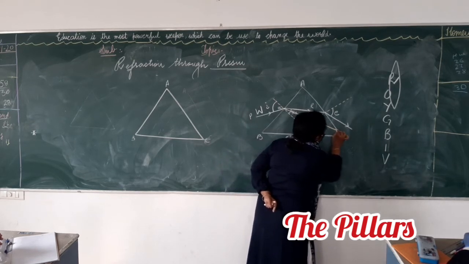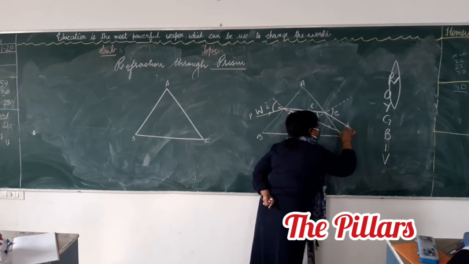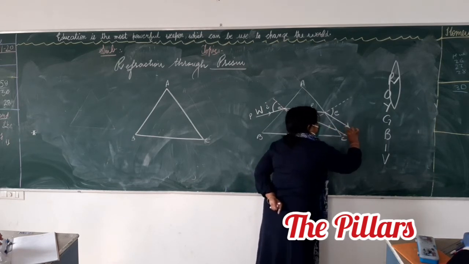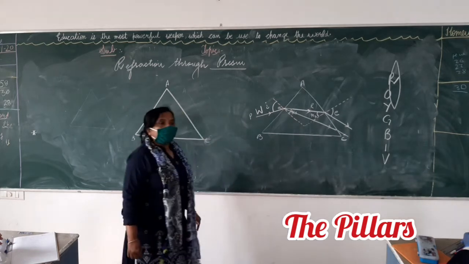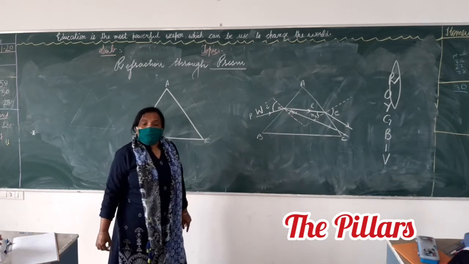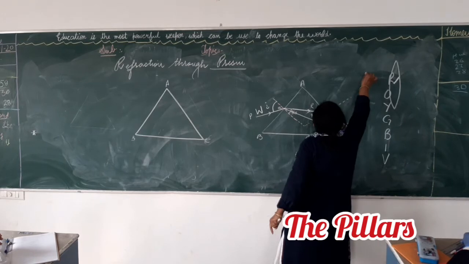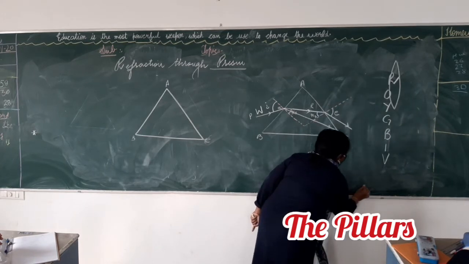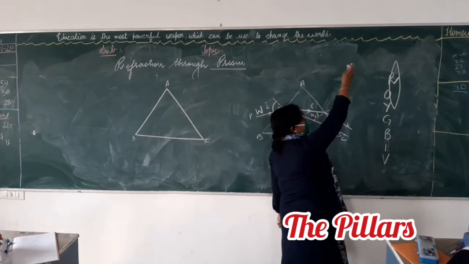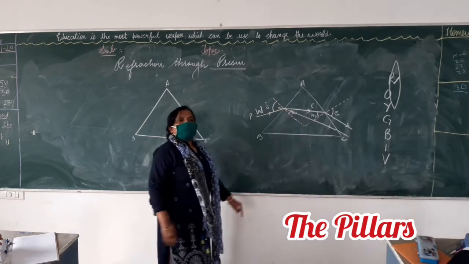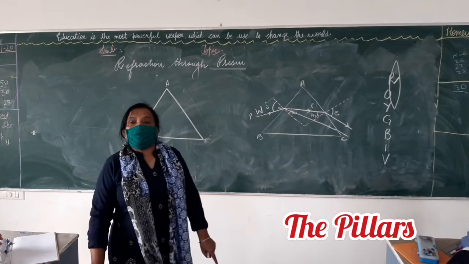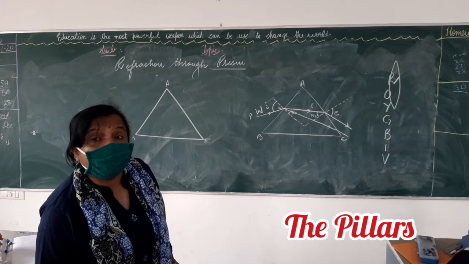The rays should not be parallel to each other, okay? Then last of all violet. And if you take the emergent light on the screen, what do you find? 7 colors. These 7 colors are known as the spectrum, and this phenomenon is known as the dispersion of light.